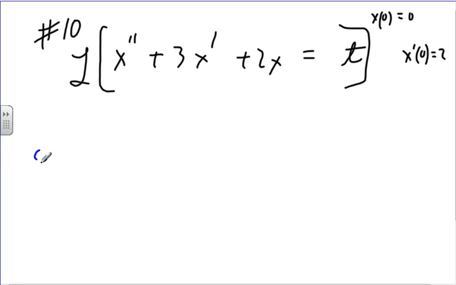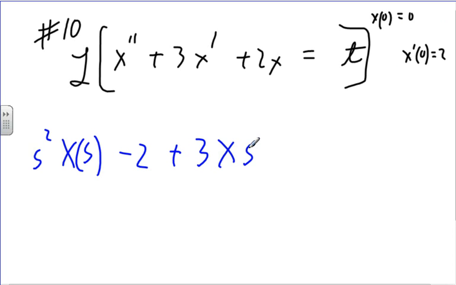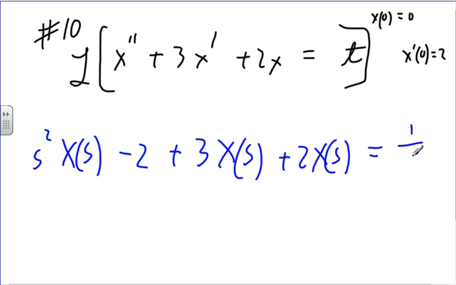Okay, so I got s squared x of s minus s times 0 minus 2 plus 3x of s minus 0 plus 2x of s is equal to 1 over s squared.